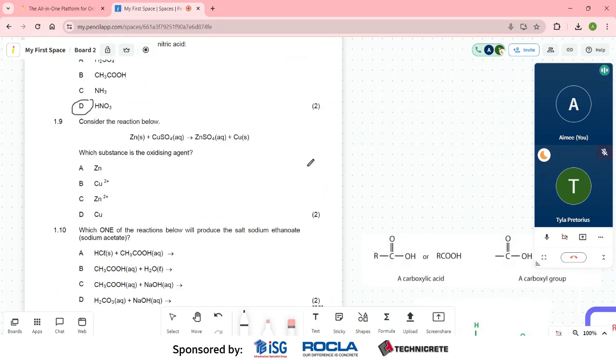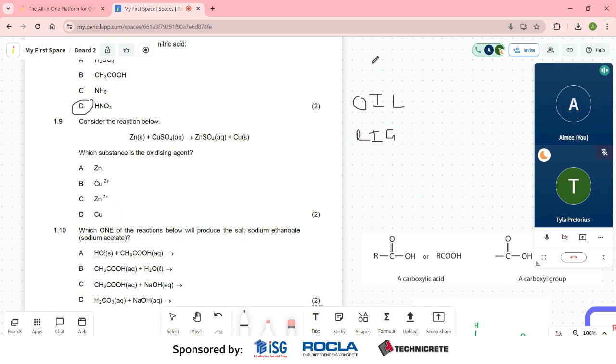Perfect. Okay, consider the reaction below. Which substance is the oxidizing agent? Okay, so there's a little rhyme that we remember. This little rhyme goes: OIL RIG.